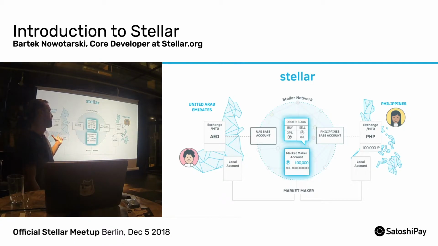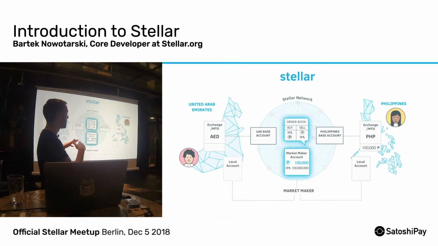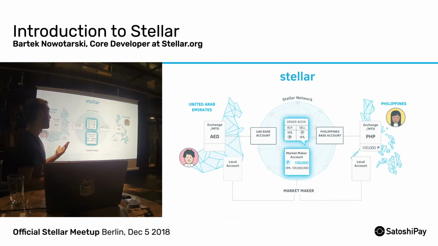So a simple payment you could do in Stellar is sending money from one account in the sending currency, and the receiver in the other country would receive their local currency. And the exchange will happen on the distributed exchange on the fly.